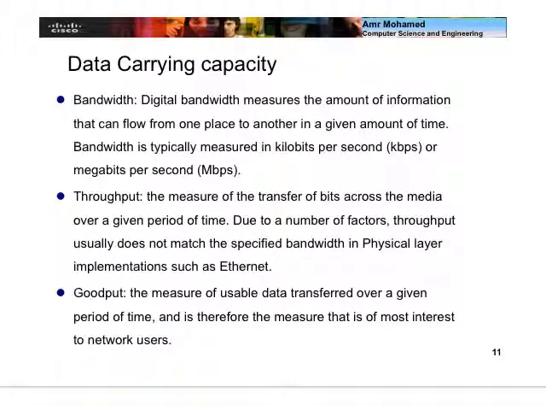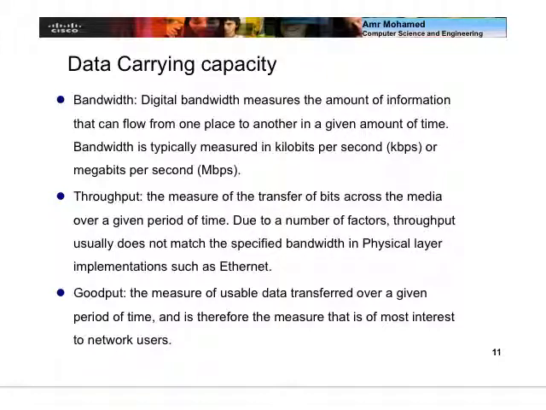So if the theoretical bandwidth is X, maybe you can get maybe 0.6x or 0.5x or 0.7x. This is the actual throughput that you're going to get, which means that the successful bits that you get on the receiver side is maybe 60%, 70%, something like that.